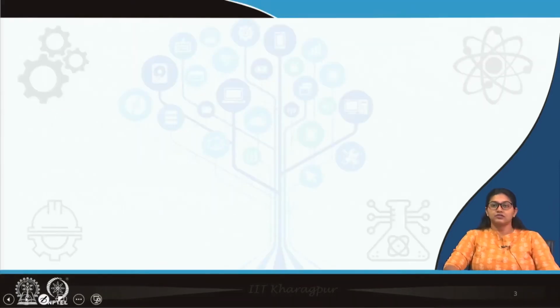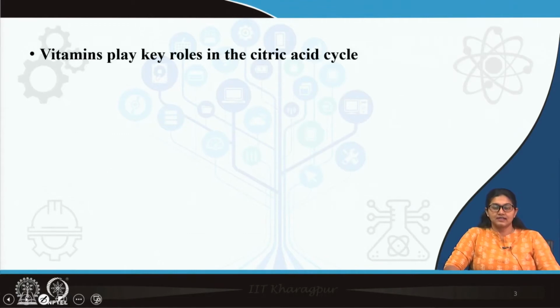There are a few points I'd like to highlight about the TCA cycle. Vitamins play a key role in the citric acid cycle. If you remember from the previous class, there is the pyruvate dehydrogenase complex, and in that complex 4 vitamins play an important role in driving the complex's activity. So deficiency of these vitamins will manifest as deficiency of the citric acid cycle.